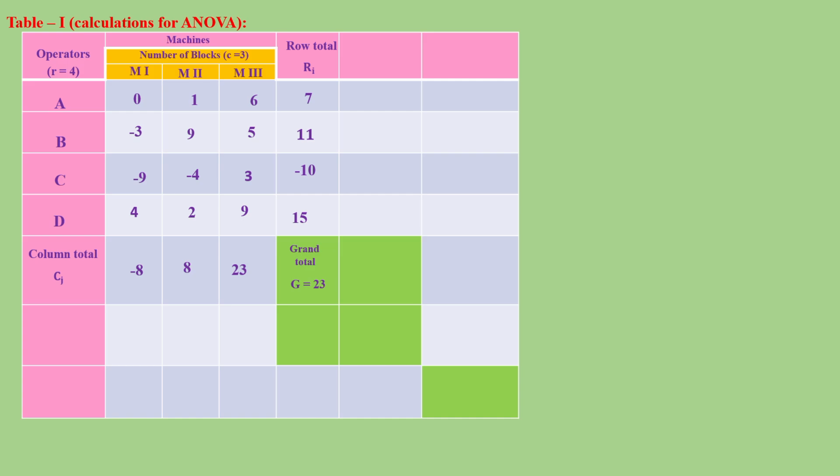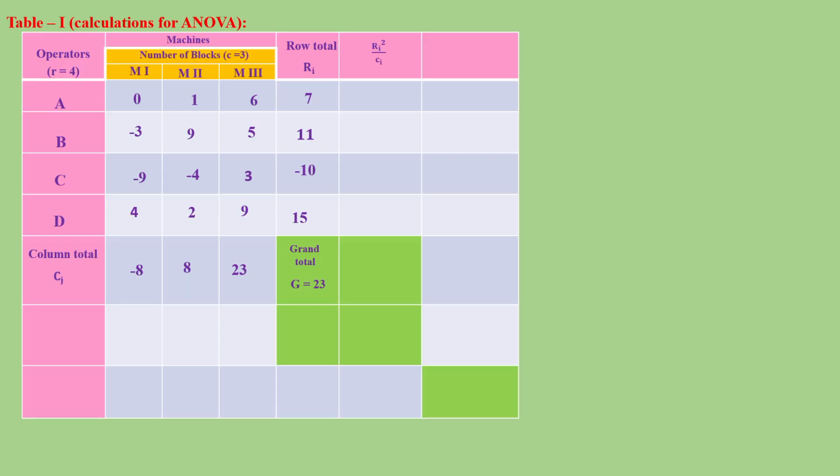Next we have to find Ri square by Ci, squaring each Ri and dividing by the corresponding C. Here C is 3 for all the 4 operators, C1, C2, C3, C4 all equal to 3.